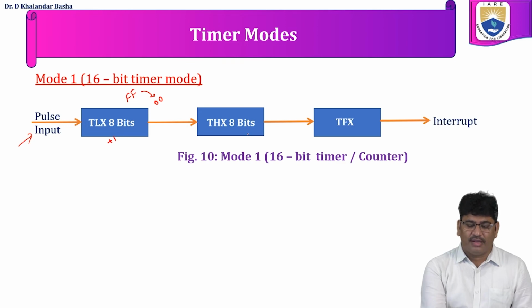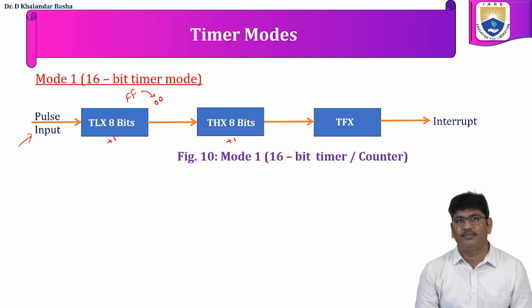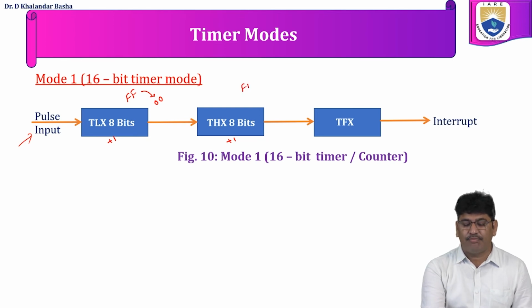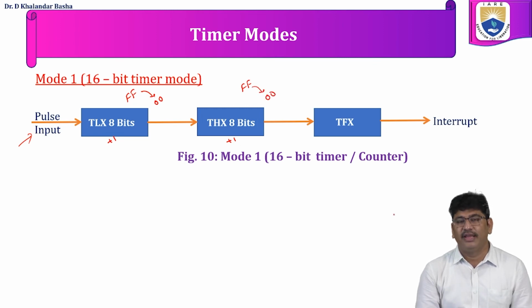Whenever this is rolled back, then the THX register will be incremented by 1. For every rollback of TLX register, the THX register will be incremented and it will reach the maximum count of FF. Once it rolls back from FF to 0, 0, it will generate the overflow on TFX. When TFX is activated, it will generate an interrupt.